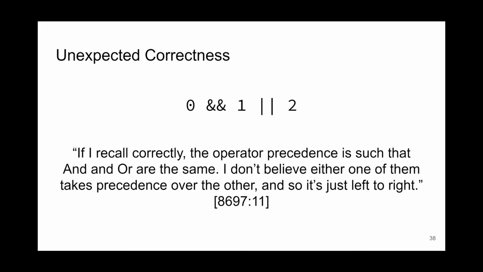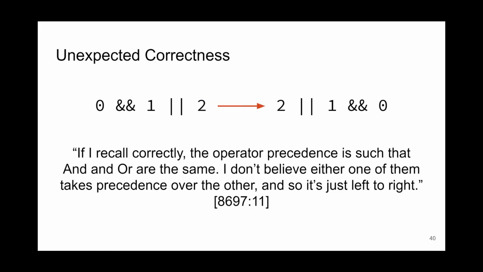In practice, AND and OR do not have the same precedence, and this one just happens to be evaluated left to right because the AND happens to be on the left. Now, this could have easily been avoided had we shown subjects a mirror image of this expression. If the logical OR was on the left-hand side and the logical AND was on the right-hand side, the misunderstanding that this subject had would have led to an incorrect answer instead of a correct answer.